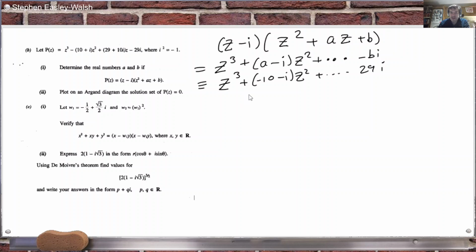I think you can see quite clearly now, by comparison, that the a has to be minus 10, and the b, now that's minus 29i and minus bi, so the b has to be 29 then.